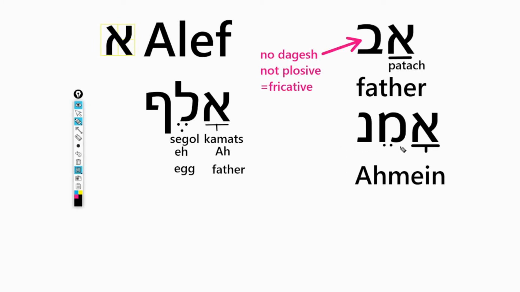Let's look at the next word. Amen. We know how to pronounce this because we have a kamatz. In other words, this is a guy, and he's got a big covering over him, a covering or a cap. That's kamatz. And then under the word amen, we have the sere.